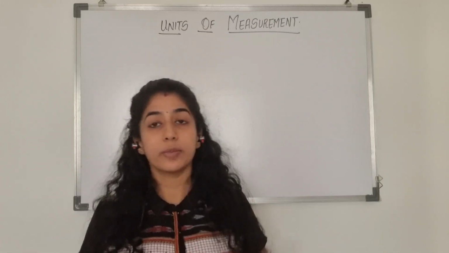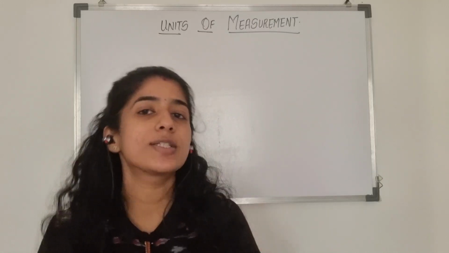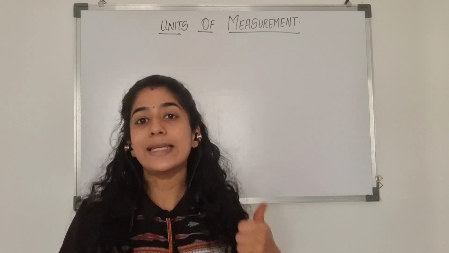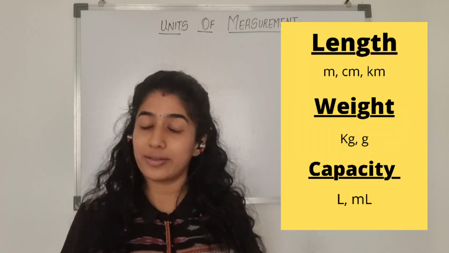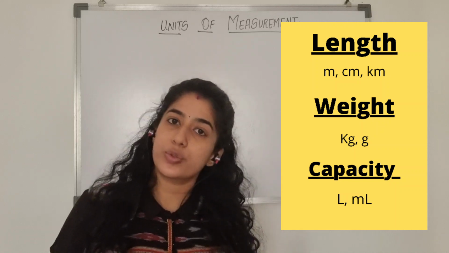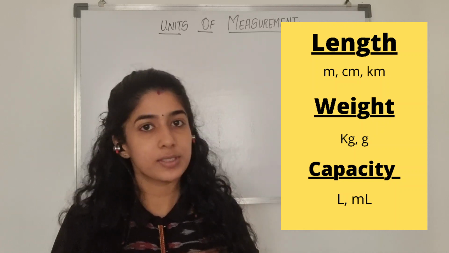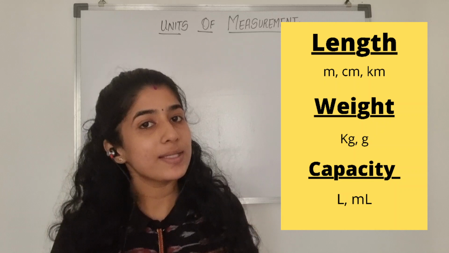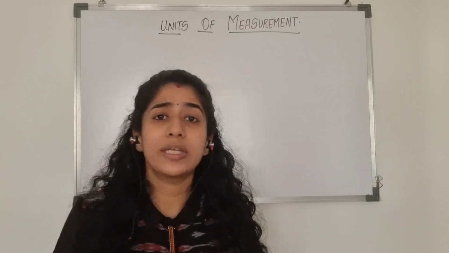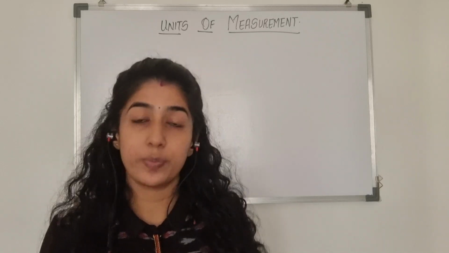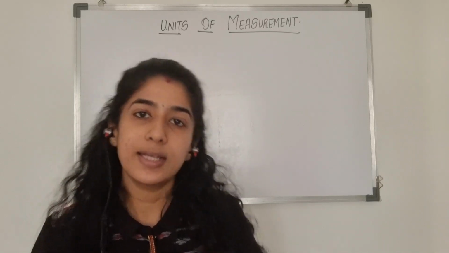So if we are talking about length, the main units which we make use of are meter, centimeter, kilometer, right? In weight we make use of kg, grams, okay, and in capacity we mostly make use of liter and milliliter. These are the very commonly used units of measurement in our daily life.